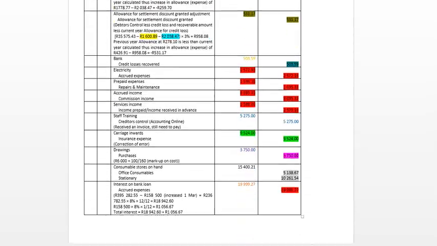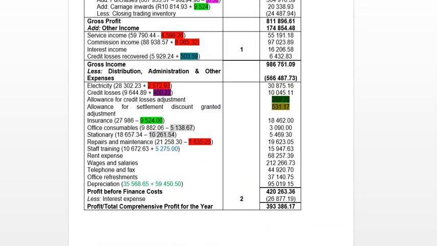So we need to decrease these expenses by this amount. And if you do that, then we find that our office consumables expense is then 3,090 and our stationery expense is 5,469.50 cents for the year.